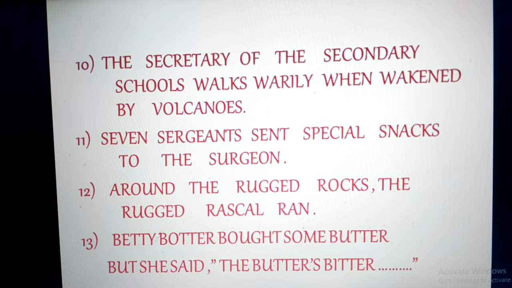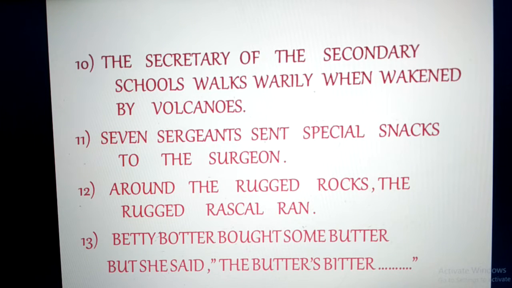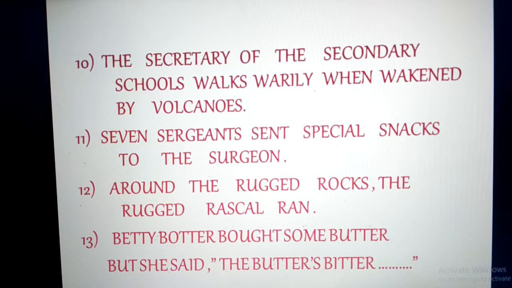The secretary of the secondary school walks wearily when wakened by volcanoes. Just see the use of the letter S and the sound V being produced by the alphabets. Seven sergeants sent special snacks to the surgeon.